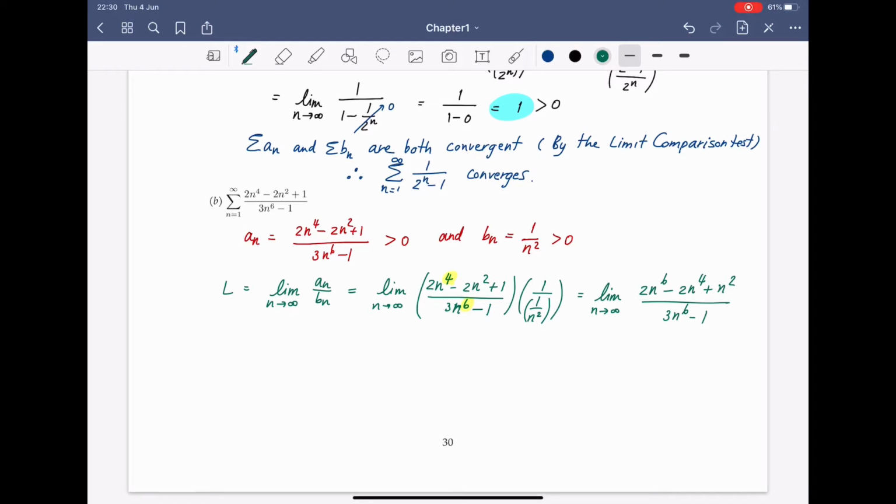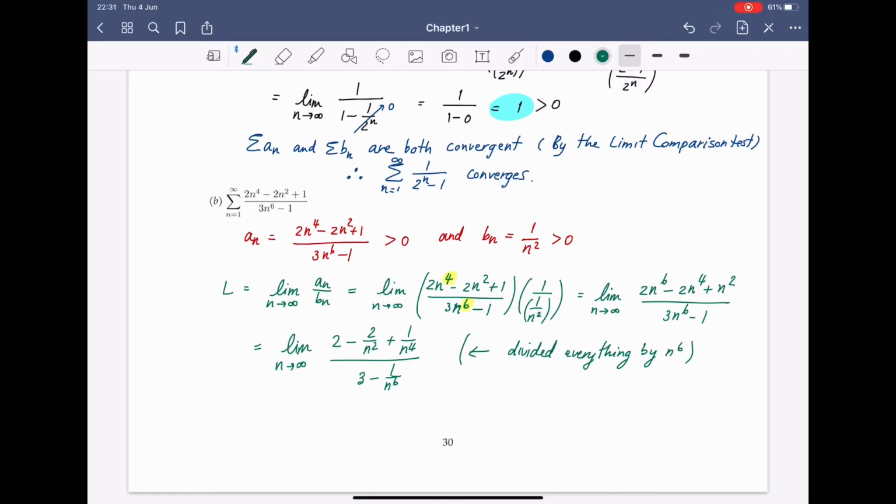Because you can divide everything by n to the 6th. So this is going to be 2 minus 2 over n squared plus 1 over n to the 4th power, over 3 minus 1 over n to the 6th power. So here I just divided everything by n to the 6th power, right?